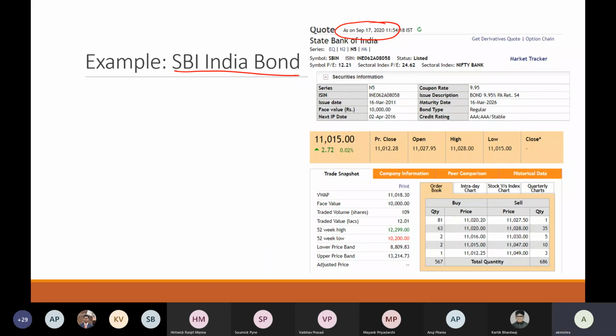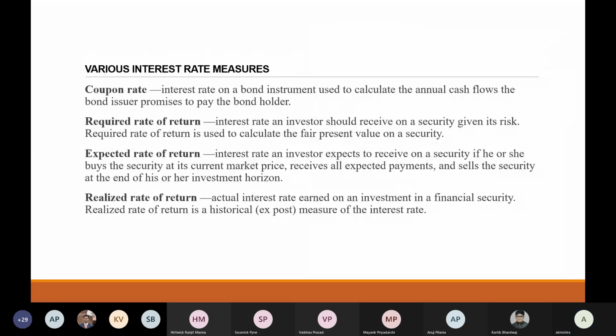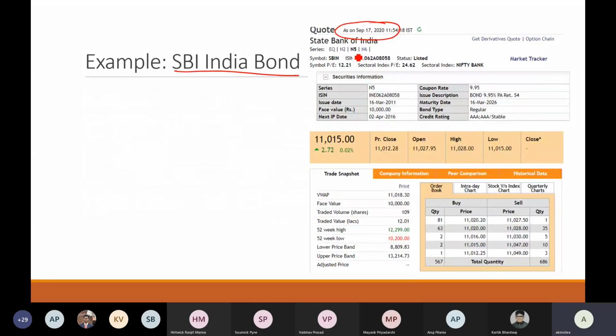So here you see this is SBI. If you see, this is the symbol, and the ISIN number is an international symbol. So all the stocks that are traded across the world get a unique ISIN number or ISIN code.